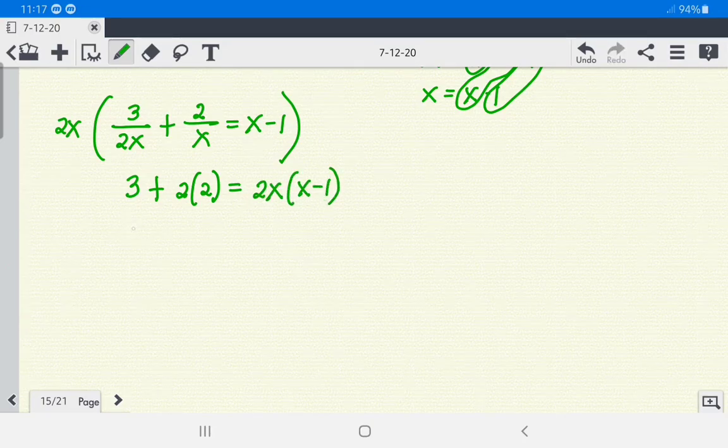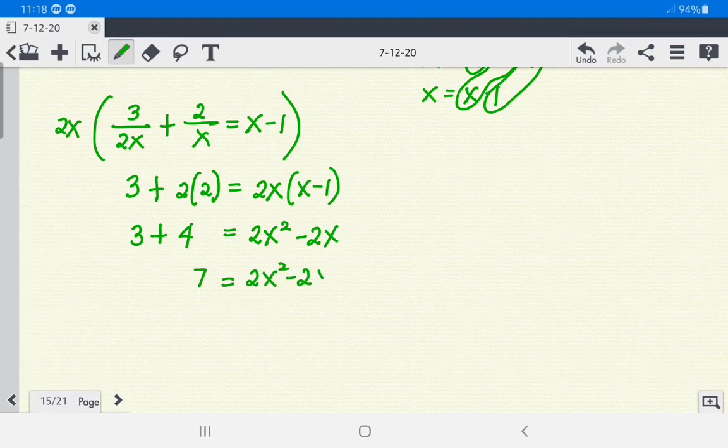Then, we have here 3 plus 4 equals to, multiply 2x times x, we have 2x squared. Then 2x times negative 1, we have negative 2x. Then, we have here now 3 plus 4, we have 7. Then, equals to 2x squared minus 2x.